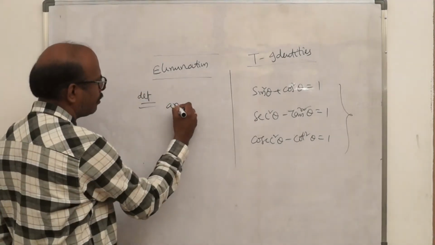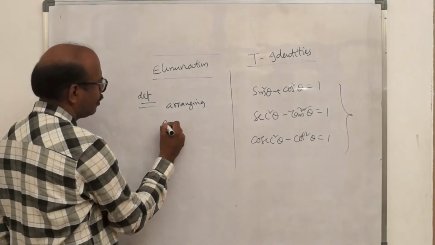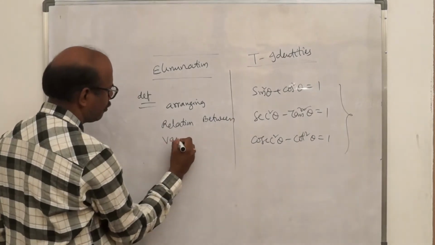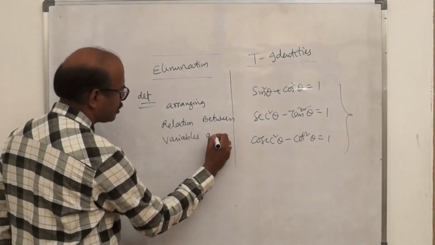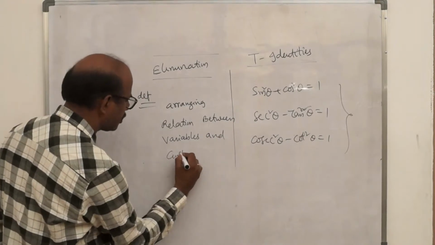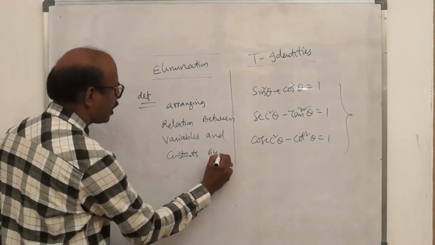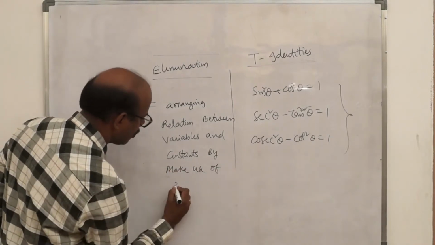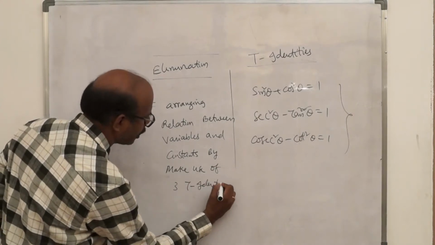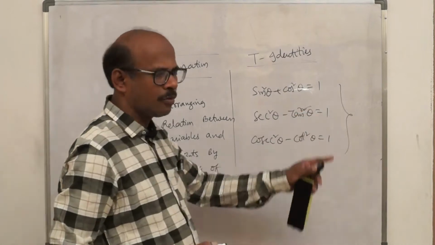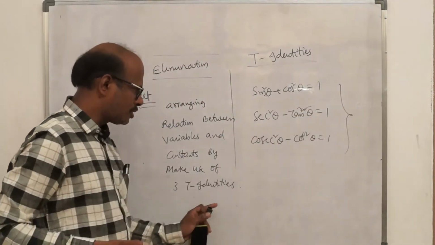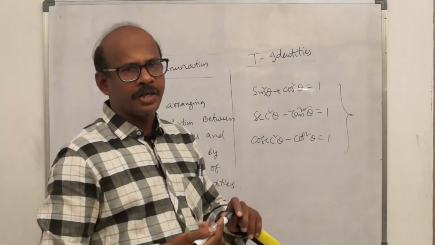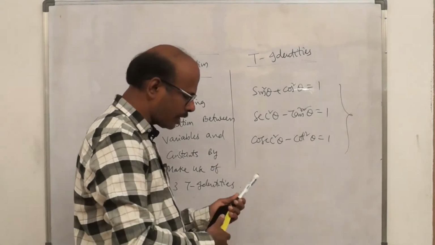Sin square plus cos square equals 1, sec square minus tan square equals 1, cosec square minus cot square equals 1. A preoccupied idea: the connection between variables and constants by making use of the three trigonometric identities.